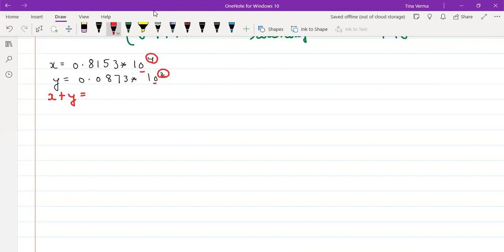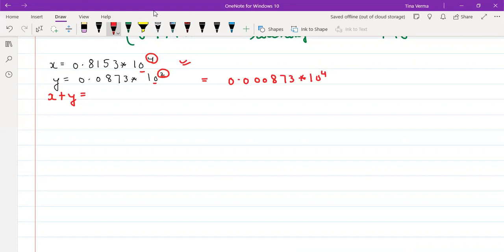So it has exponent 2 and the difference is 2. So this number will be 0.000873 into 10 raised to the power 4, and this number will remain the same, 0.8153 into 10 raised to the power 4.